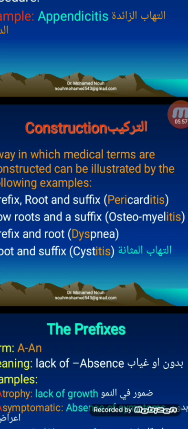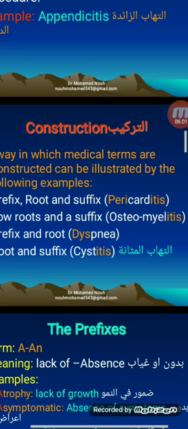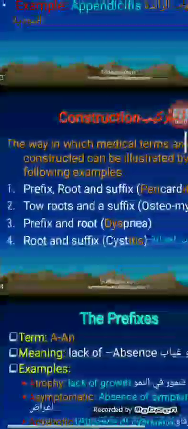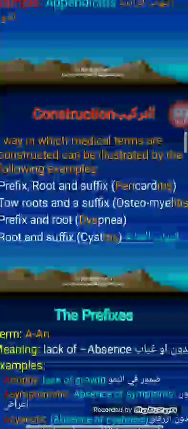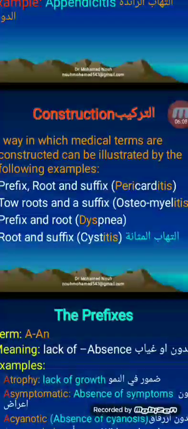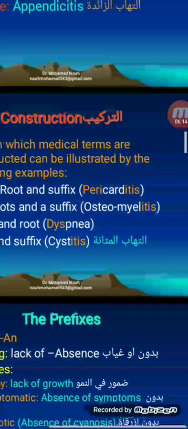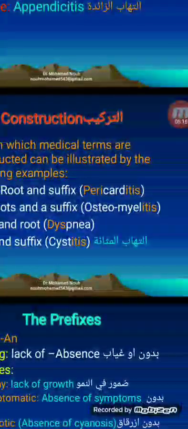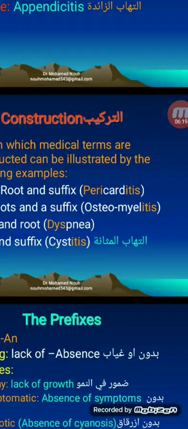Itis is a suffix and means inflammation. Two roots and a suffix: osteo means bone, myo means muscle, and itis means inflammation. Osteomyelitis means inflammation of the bone.